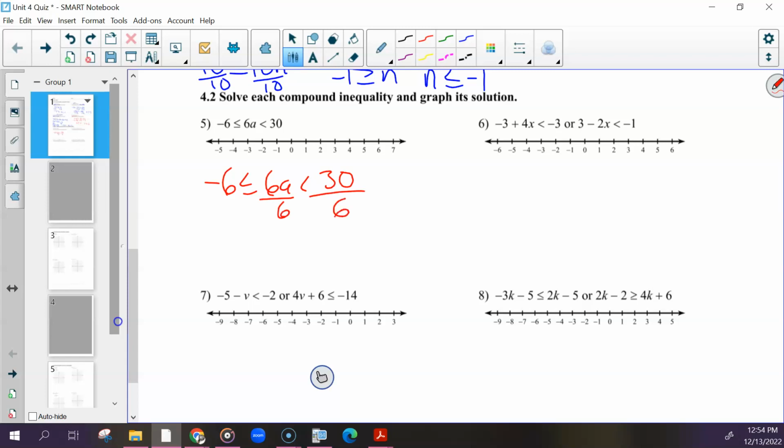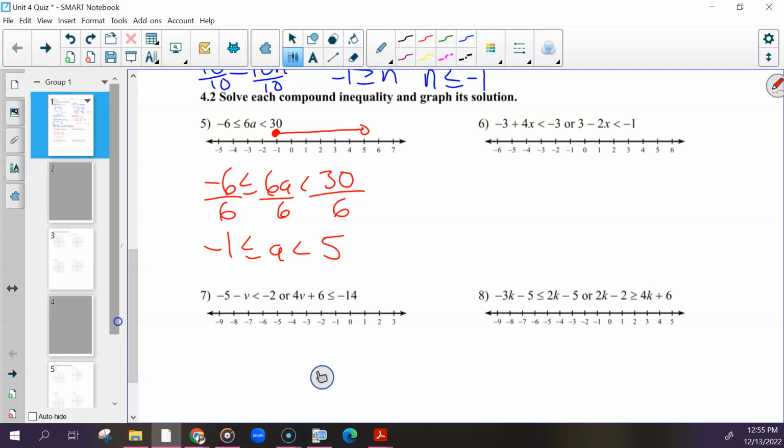Some of you divided by -6, which we should not have been doing. Some of you solved the two separately, which was fine, but your final answer still needs to be condensed. And then your graph should have your line segment where it's closed at -1, open at 5.